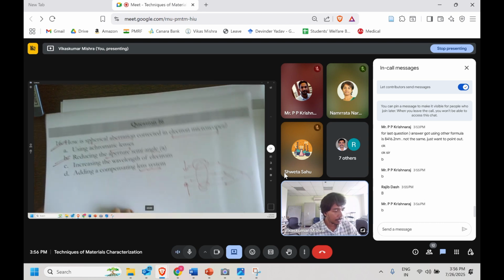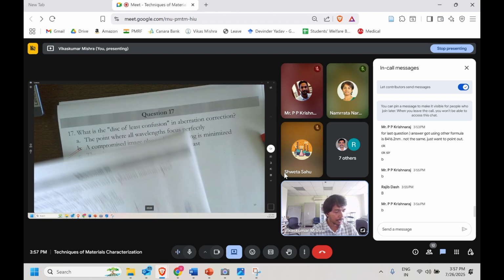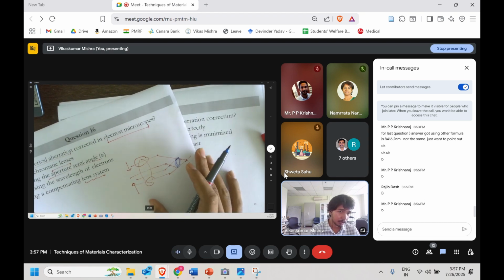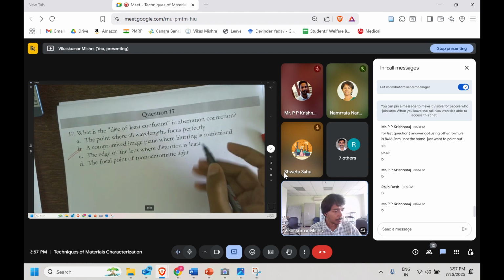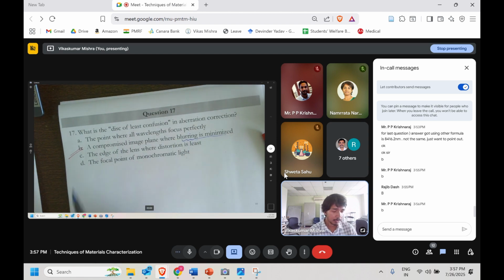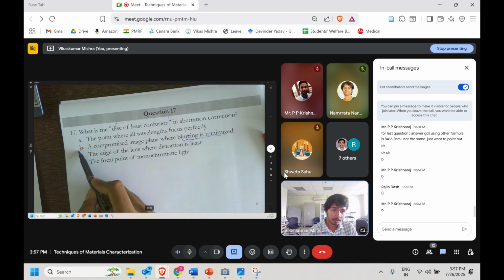We have discussed that they are focusing at two different locations. So we can find that there is some region, the disk, where we can compensate these two, average out more or less. So the blurring can be minimized. That's why the disk of least confusion is option B.